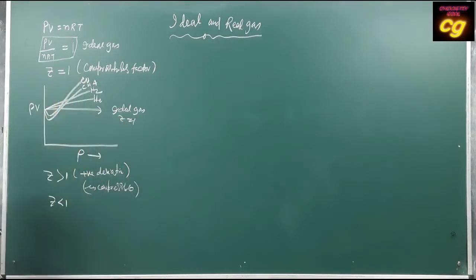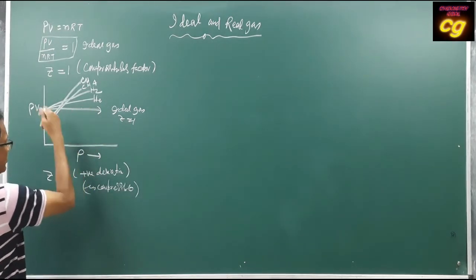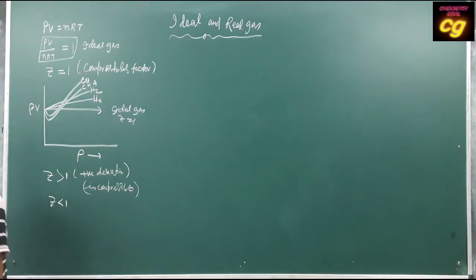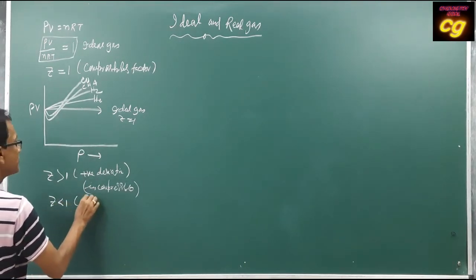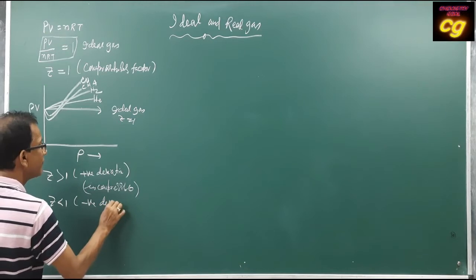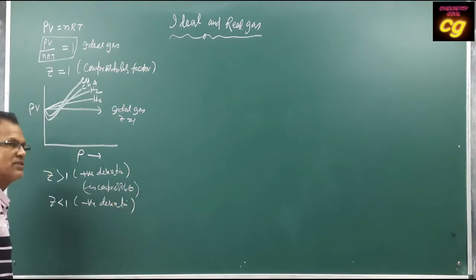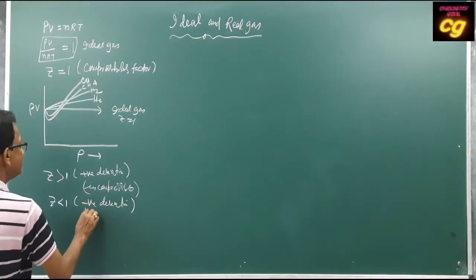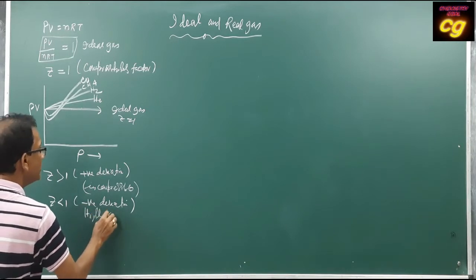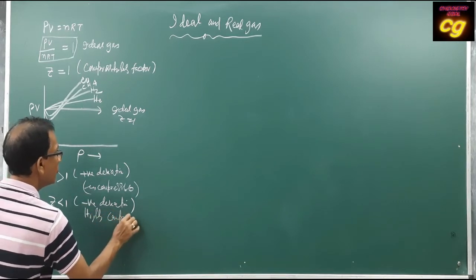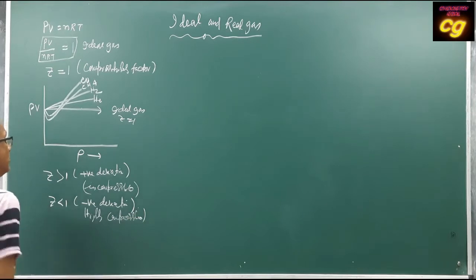Above this, Z greater than 1 is called positive deviation, that means almost incompressible. And here below, that is negative deviation, that means highly compressible. This is a very important term, Z value, compressibility factor.